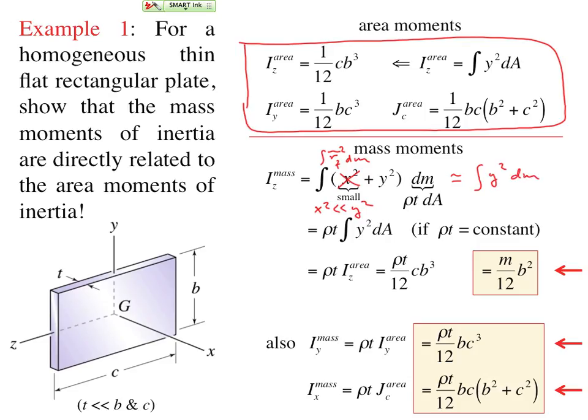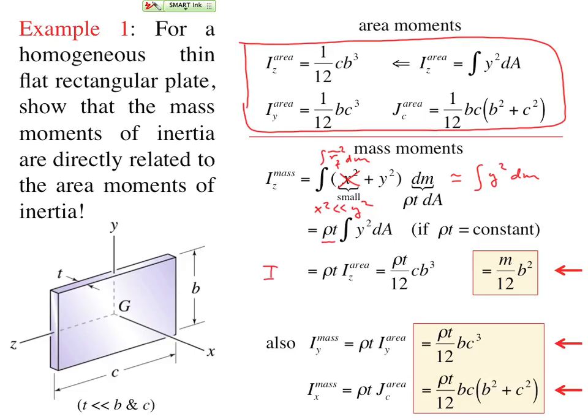If the plate is thin, we can write dm, which is rho dV, as mass density rho times plate thickness t times dA. If the thickness is uniform and the density is constant, we can pull the rho t product out of the integral and write the mass moment as the product of density and thickness times the integral of y squared dA, but the integral of y squared dA is exactly equal to the area moment of inertia about the z-axis.